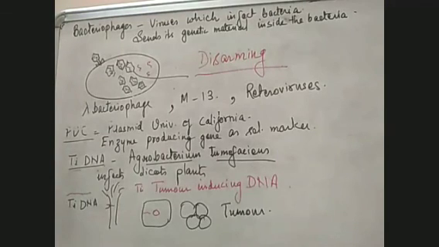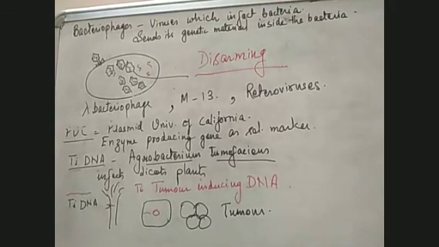Then there was another, pUC, then we can use Ti, the tumor inducing DNA of Agrobacterium tumefaciens. Besides this, various bacteriophages can also be used, like lambda bacteriophage, M13, and retroviruses can be used to transfer a desired gene or the gene of interest so that it synthesizes the protein based on the information present on the DNA, as well as it can make multiple copies of this.